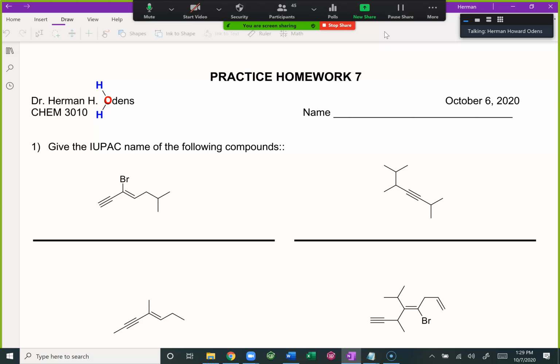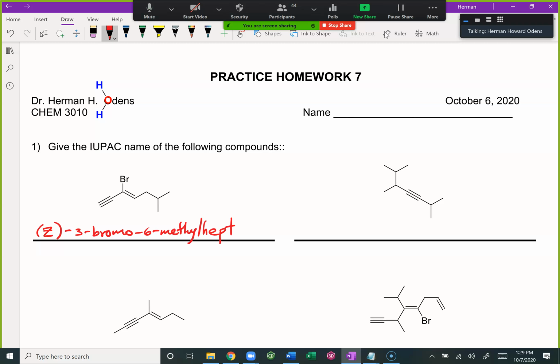It's Z because this bromo and this group win the priority battle. And then 3-bromo, 6-methyl, hept, that's the root, hept-3-ene, 1-yne.